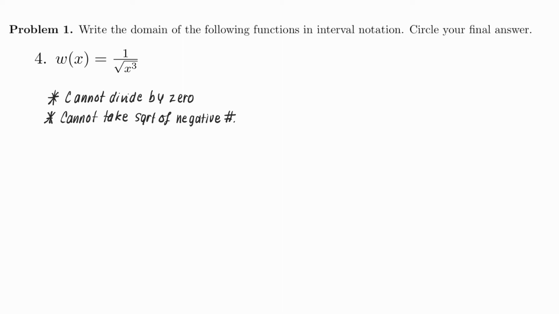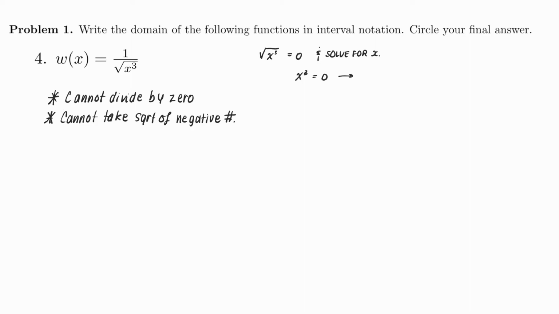So I'm going to take the denominator, so the square root of x cubed, and set this equal to 0. And solve for x. So to solve for x, I can square both sides, and I get x cubed equals 0.